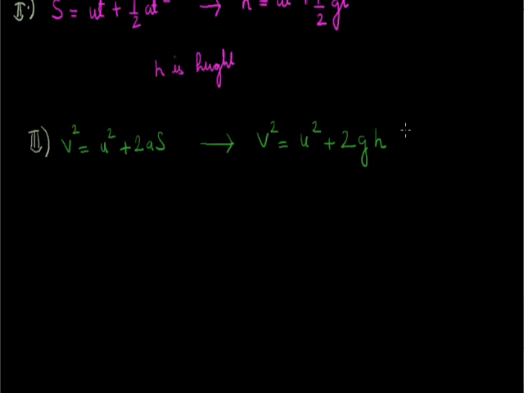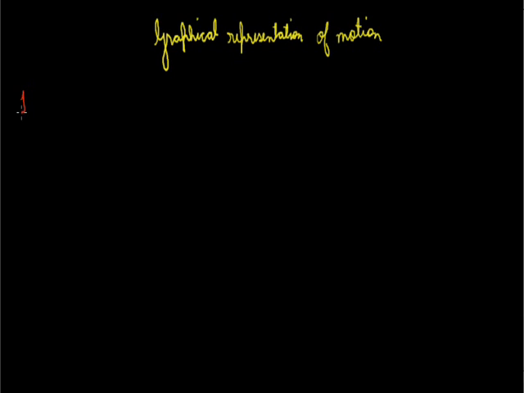Now we will discuss the graphical representation of motion. In graphical representation of motion, first we will discuss the distance time graph.